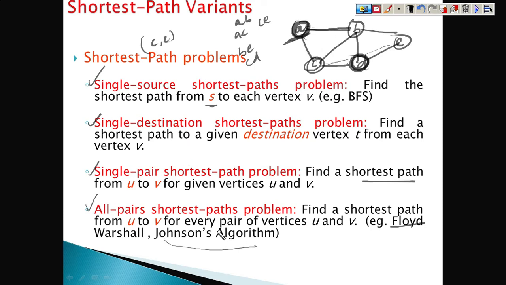Then we have some variation also: some algorithms allow negative weight in the graph, some don't, and some allow negative cycles, some do not. For example, when we talk about the single source shortest path problem solved by Dijkstra, it does not allow the graph to have negative weight.